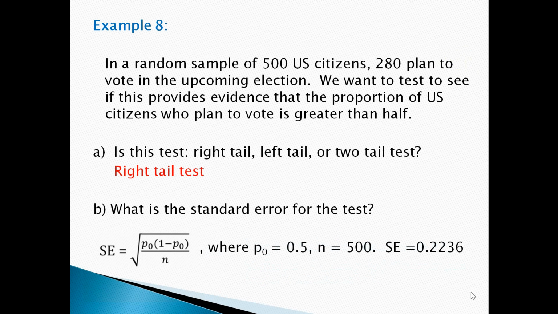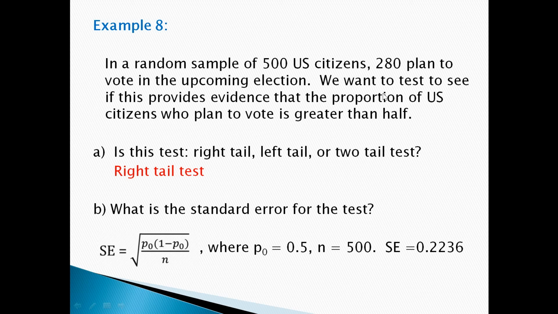Last example, example 8. In a random sample of 500 US citizens, 280 plan to vote. So notice this is the same problem coming up again and again. But let's see what is different in this example. We want to test to see if this provides evidence that the proportion of US citizens who plan to vote is greater than half.